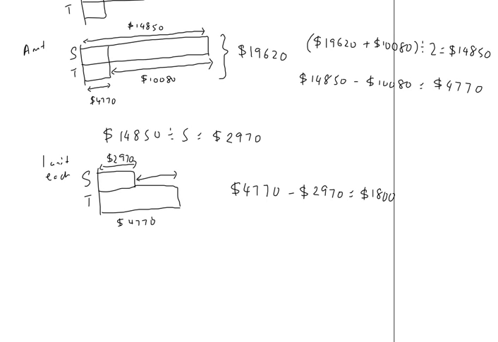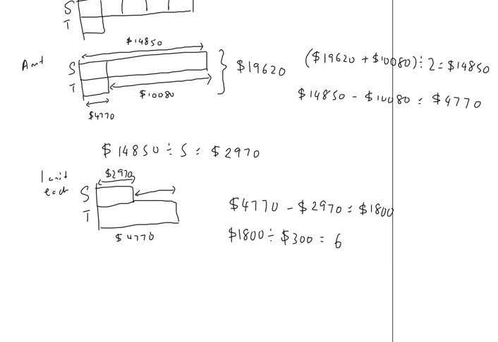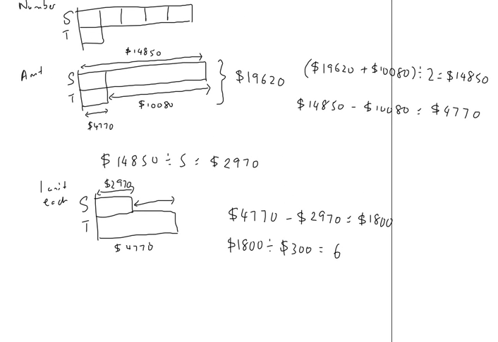I can just divide by 300, right? So I know that in 1 unit there's 6, but what is the question asking for? They are asking for the number of tablets, right? Which is 6. Yes, Danish?